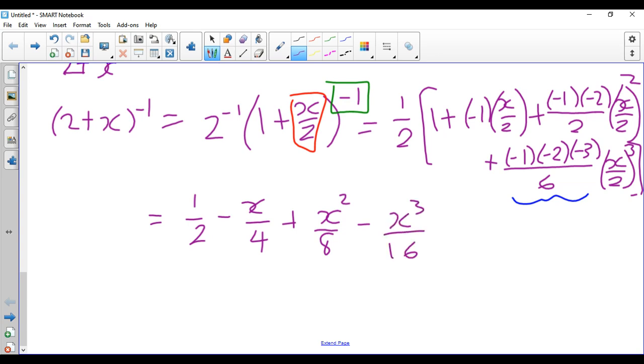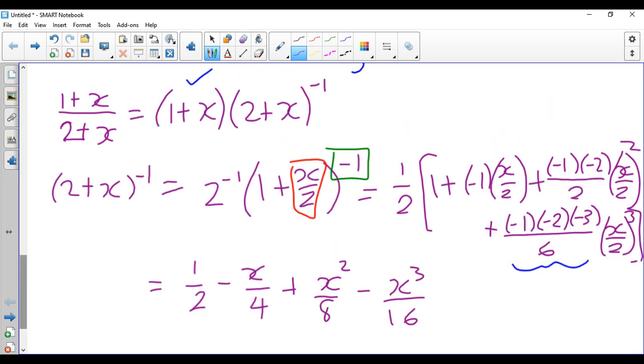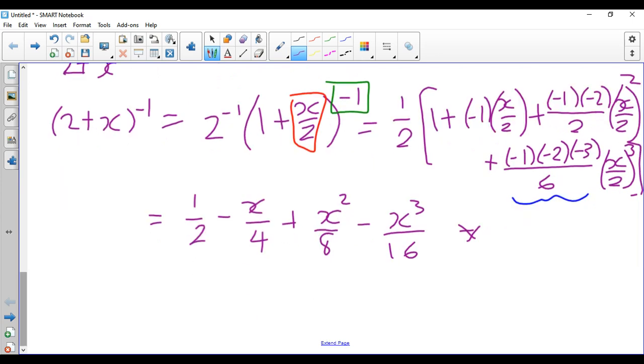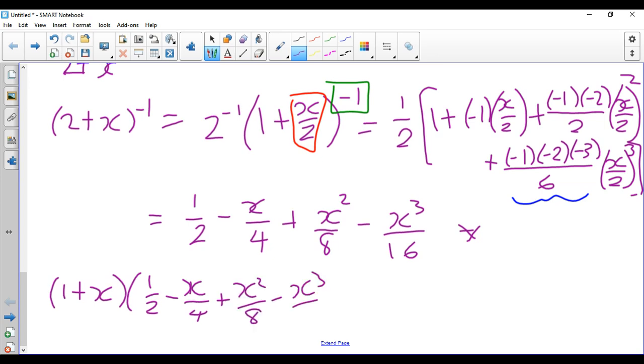Now, once I've got this, you do have to remind yourself that this wasn't the entire question. What I needed to do was take this answer, the one I've just done, and multiply it by the 1 plus x. So I'm going to do 1 plus x times a half minus x over 4 plus x squared over 8 minus x cubed over 16.